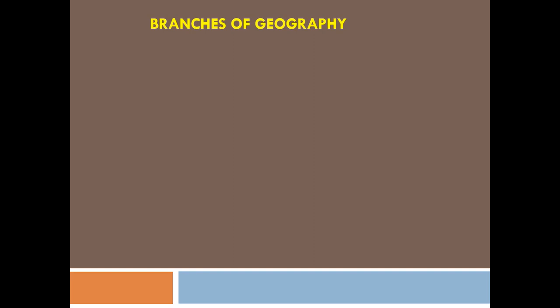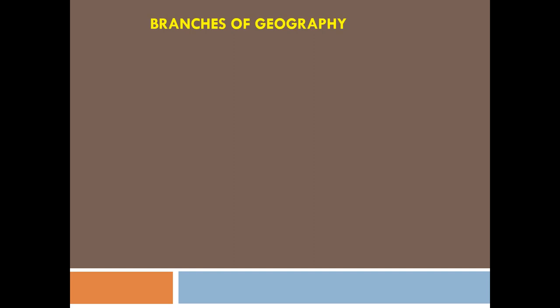So our discipline of geography will entirely be based on understanding the physical aspects of the environment that we have, the human aspects of the environment that we have, and how the two interrelate. How do the human activities relate to the physical features?